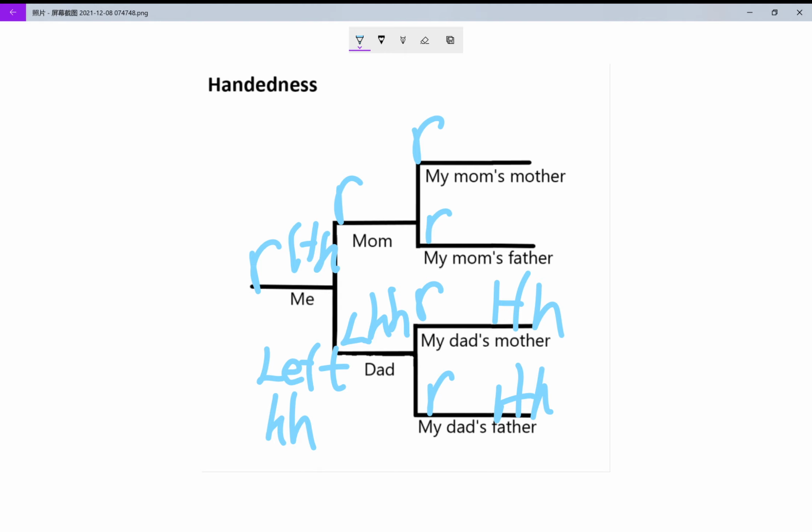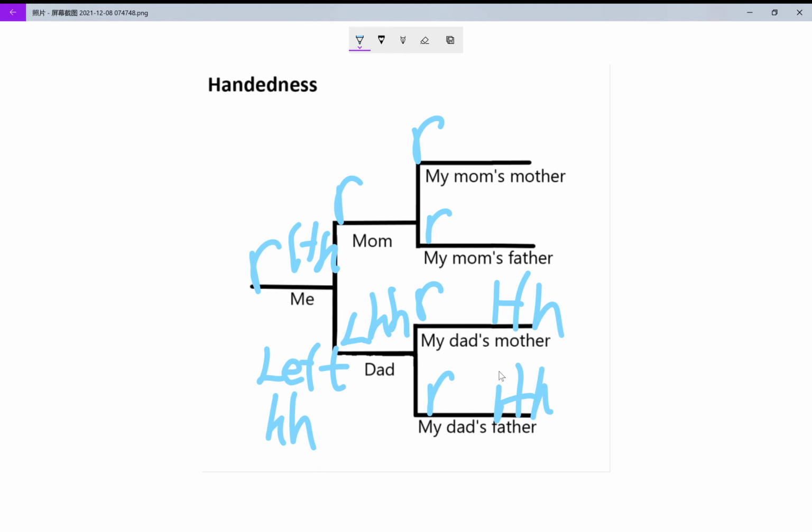Okay, for my spouse, if she has earlobes, then her genotype should be two big E or a big E with a little e. Then I cannot find out whether my kids have earlobes or not.